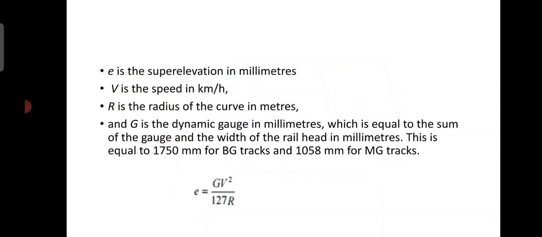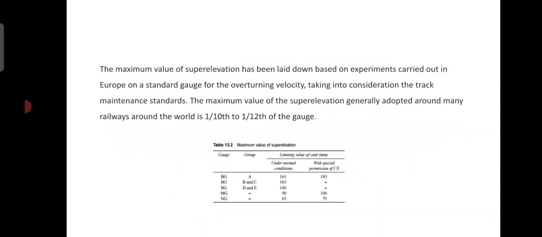Super elevation is in millimeters. So with all these unit conversions, and substituting 9.81 for acceleration due to gravity, we get the final formula: super elevation e is equal to GV² by 127R.